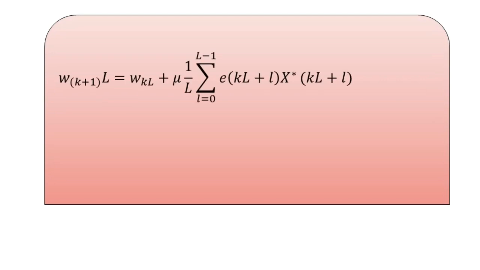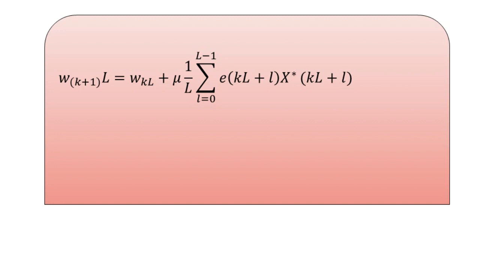It is w suffix (k plus 1) times capital L on the left hand side, equal to w suffix k times capital L, added by mu times 1 by capital L, multiplied by the summation where the index variable small l ranges from 0 to capital L minus 1, of the product of e of kL plus small l and the complex conjugate of x of kL plus small l.